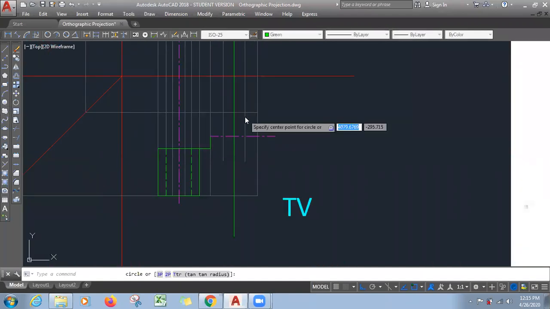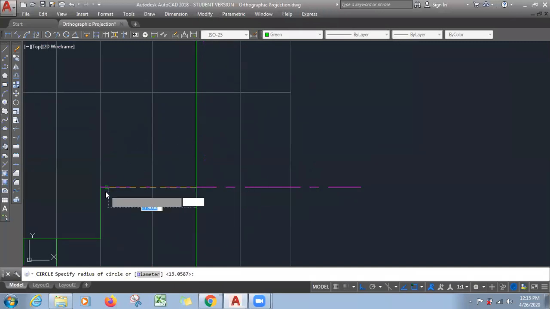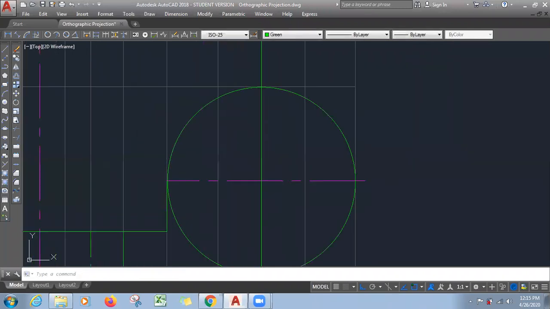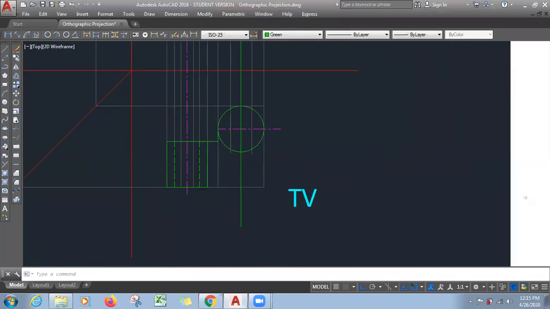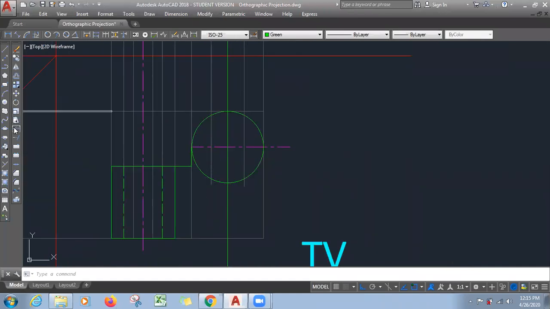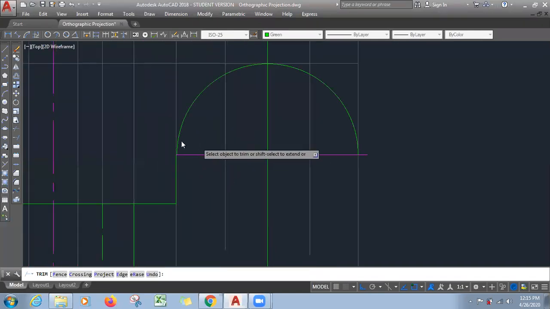I think something gets wrong here in projectors. Okay, I will try to manage it because we don't have time to redraw it again.